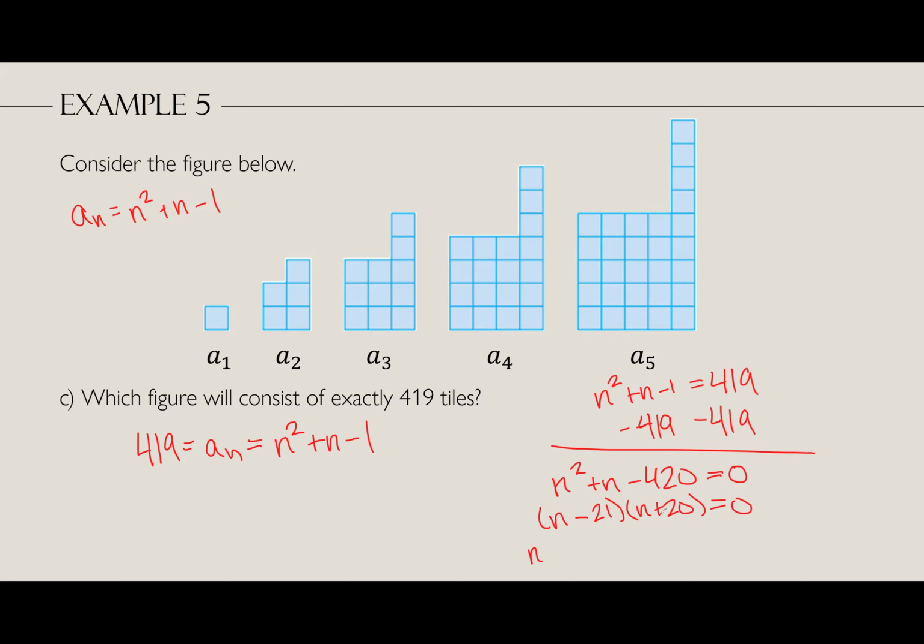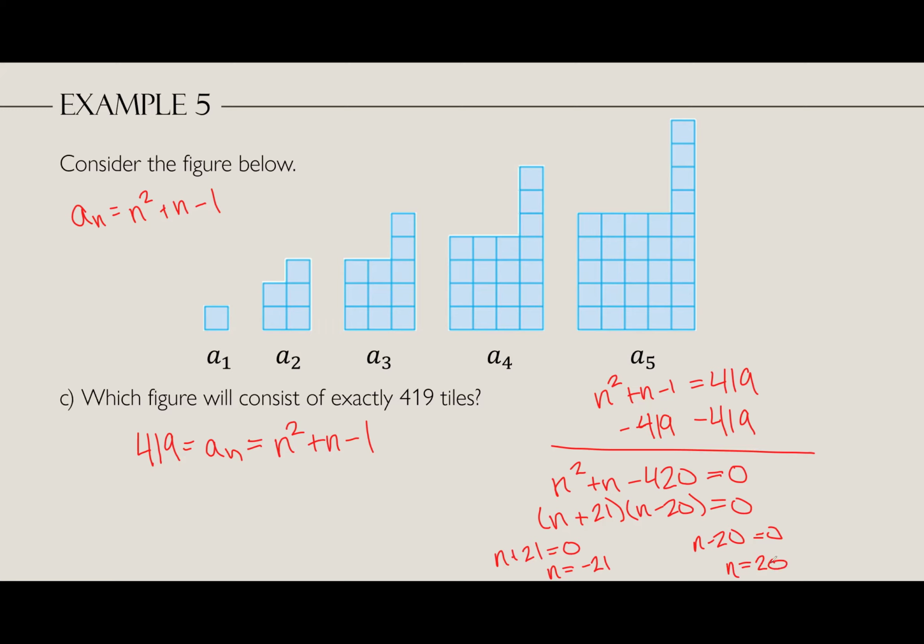Oops, I actually reversed that one more time. (n plus 21)(n minus 20) equals 0. That gives me n plus 21 is equal to 0, and then n minus 20 is equal to 0. Sorry if this is trudging to the bottom, n is equal to negative 21, and n is equal to 20.